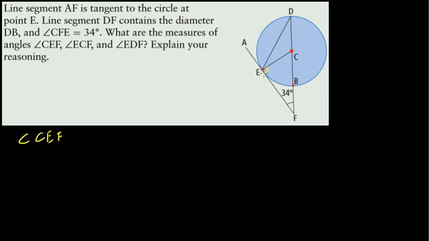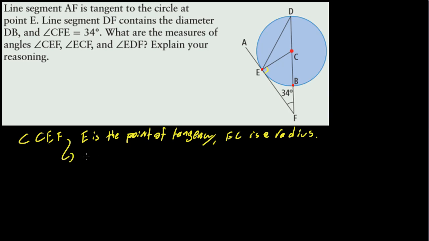So we know this is going to be 90 degrees, and our reasoning here is E is the point of tangency, and EC is a radius. So just with those two facts, we know that angle CEF is equal to 90 degrees.